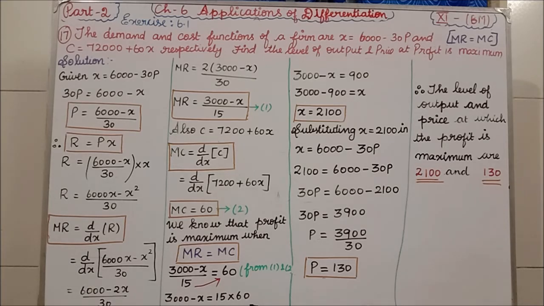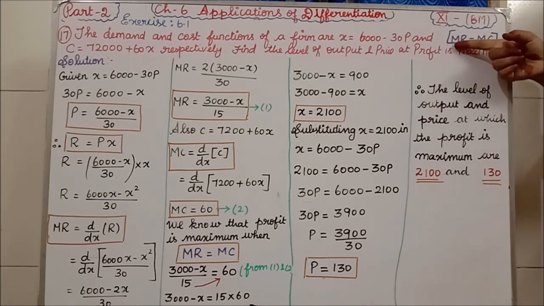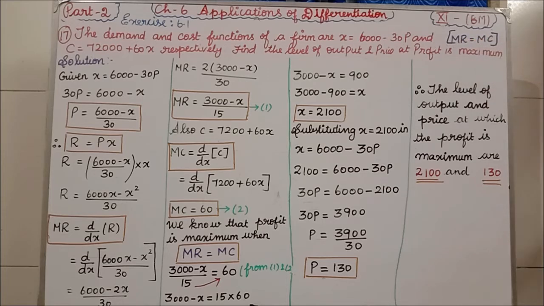This is not in the question, so I have written it here for your reference. So when the profit is maximum, your marginal revenue will be equal to marginal cost.